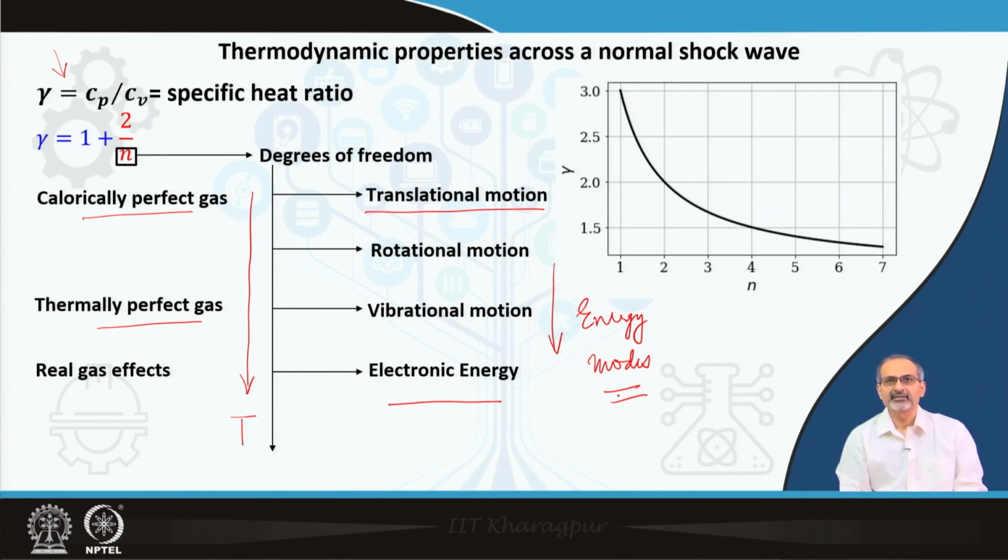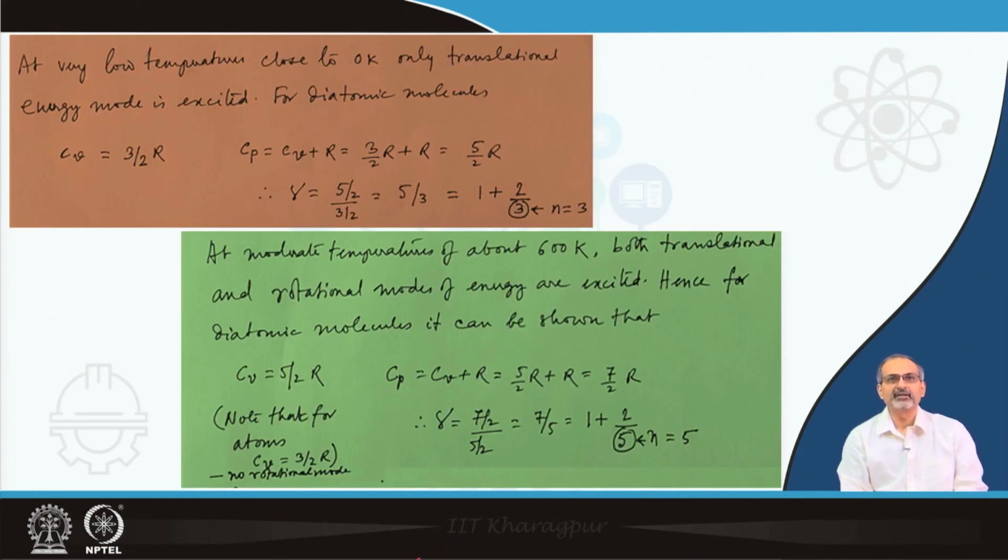As the temperature rises, the degrees of freedom of the gas vary, and consequently the gamma varies according to a form like this. Just to elaborate on that concept a little further, at very low temperatures close to 0 Kelvin, only translational energy mode is excited.